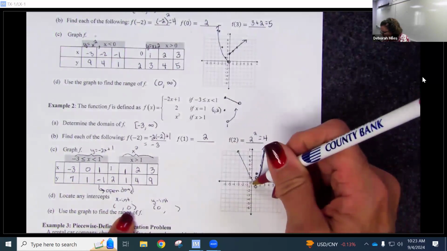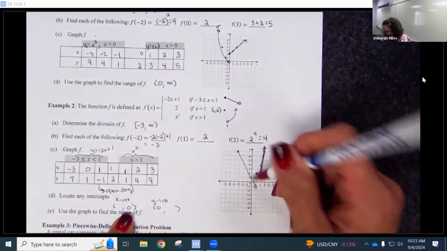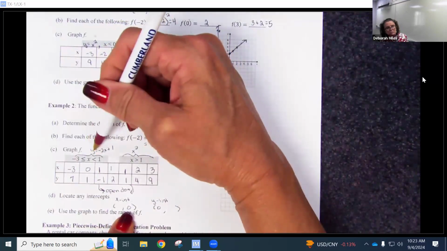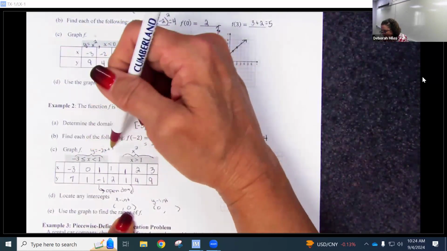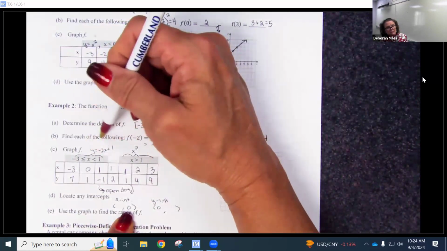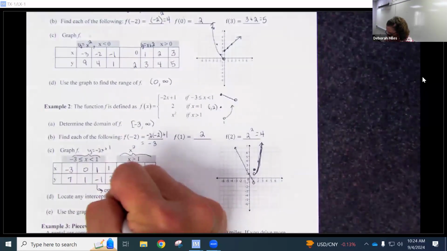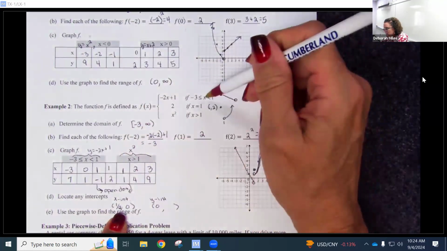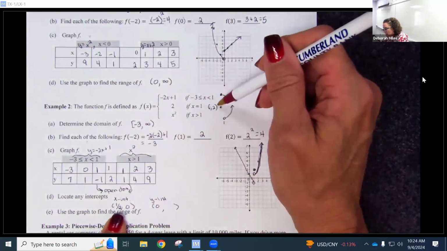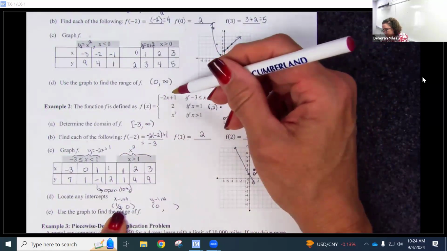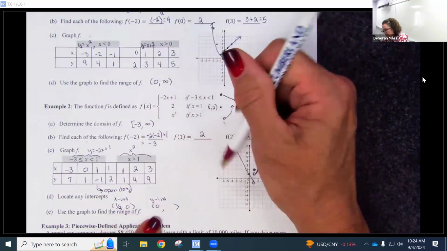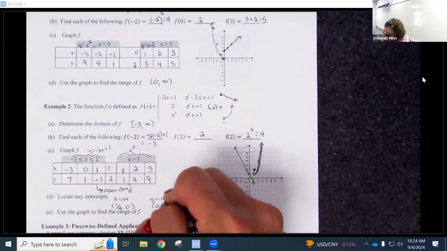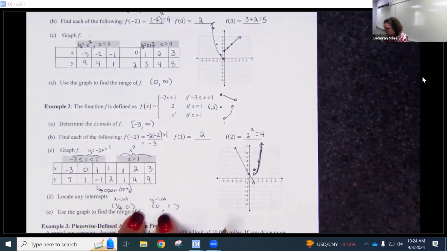Instead of guessing what that might be, I'm going to actually go to that part of the equation and let y be 0. If I let y be 0, I'd have to subtract 1 from both sides and divide both sides by negative 2. I get x is a half. When y is 0, x is negative a half. And then when x is 0, I can see where the graph crosses the y-axis exactly at 1. So those are my two intercepts.